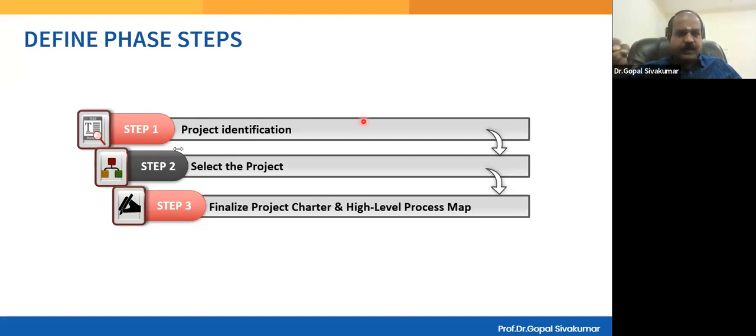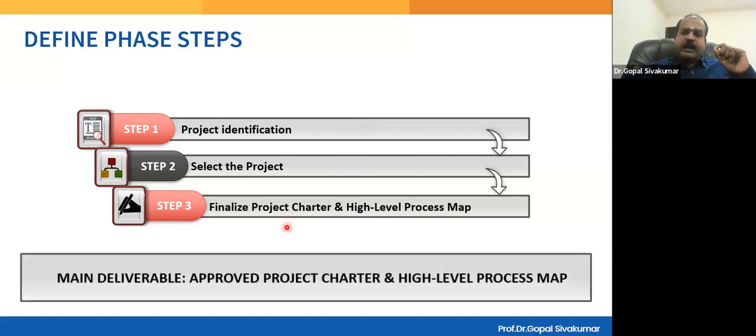Why do I say starting point, ending point is compulsory? Everything that is happening in between the starting and ending point is in your scope, isn't it? Everything that is outside, you are clearly stating that they are out of scope. So that is also part of your define phase. So the ultimate outcome is approved project charter and high level process map.